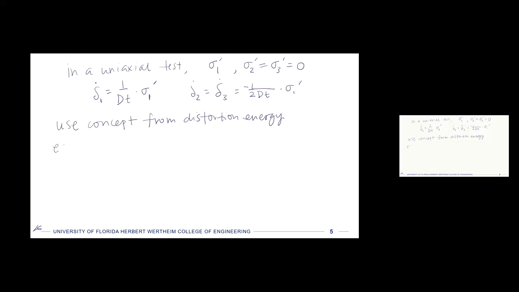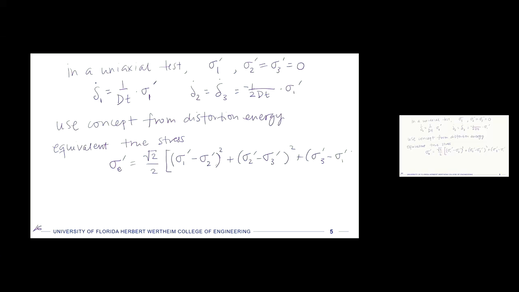And so we're going to say that the equivalent true stress, sigma prime E, is going to be a prefactor here, square root 2 over 2 times kind of the von Mises formulation, right, which was the difference between the principal stresses squared, and then we sum all of those up. And then we take the square root of that.